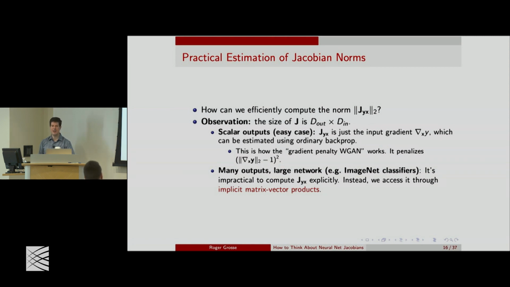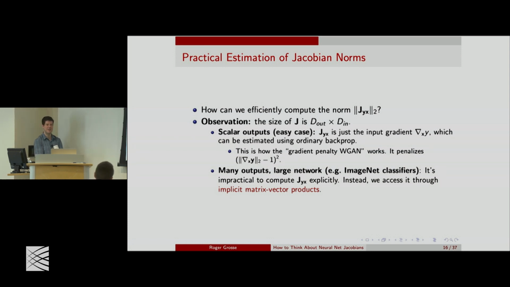If you don't have scalar-valued outputs, if the output dimension is larger, like if you're trying to classify ImageNet images, so you have 1,000 different object categories, then it's completely impractical to actually compute the Jacobian explicitly. So we have to instead access it implicitly through implicit matrix-vector products.